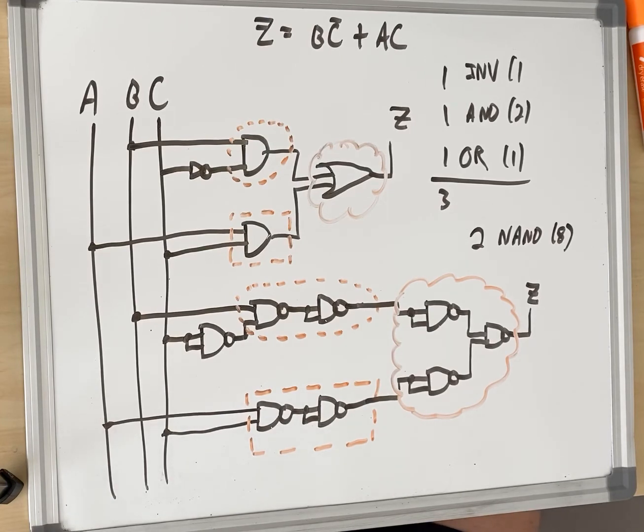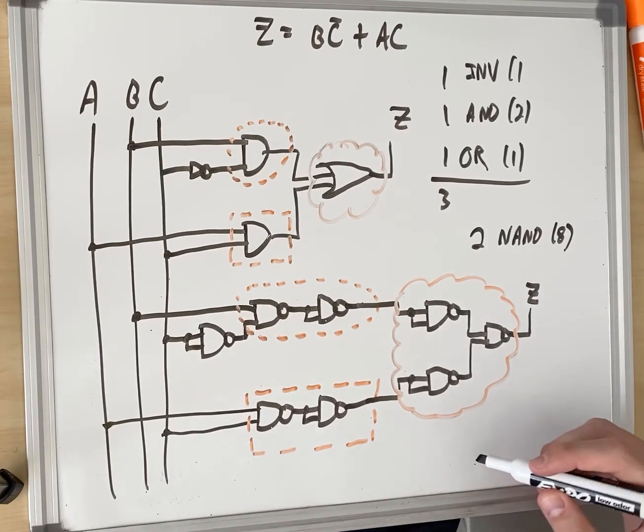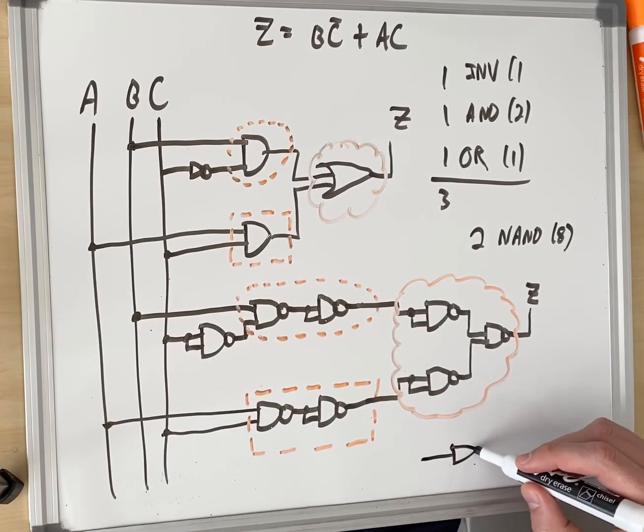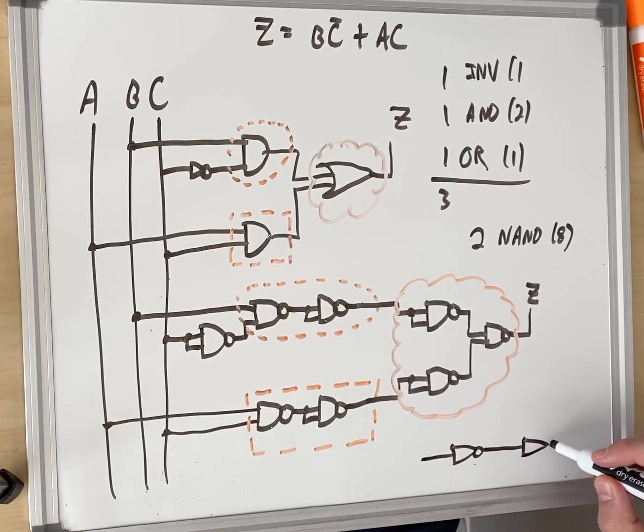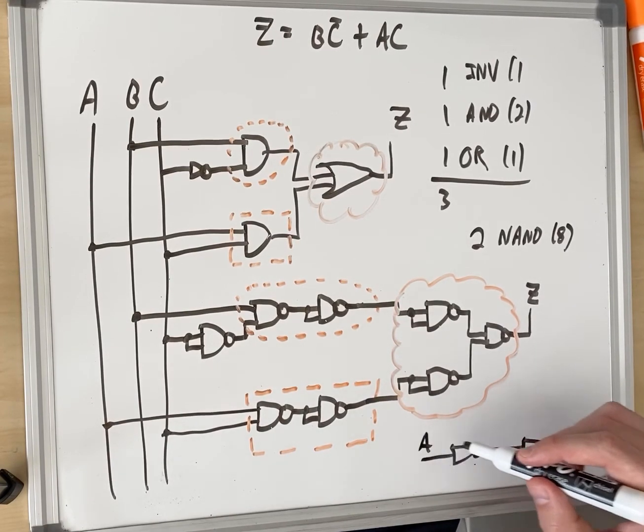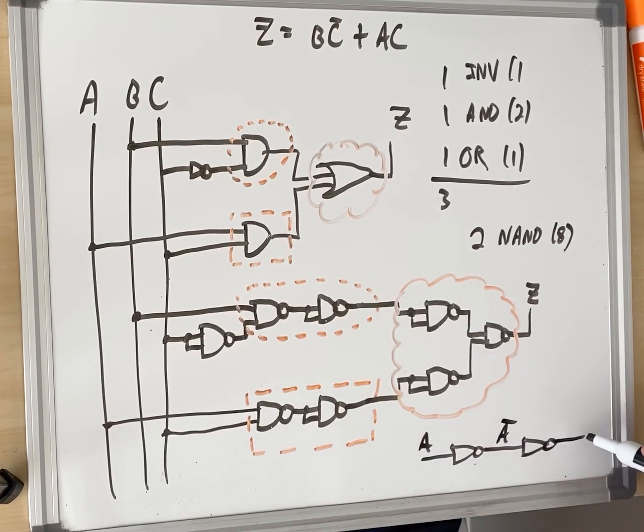But I can simplify this even further. Keep in mind that an inverter is a NOT. So anytime we have back-to-back inverters, this is A. This becomes not A. This becomes not A, which is the same thing as A. We don't ever need 2 inverters, because this is the same as that. We can just eliminate them.